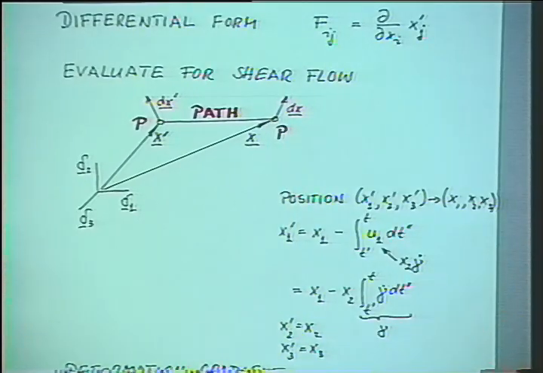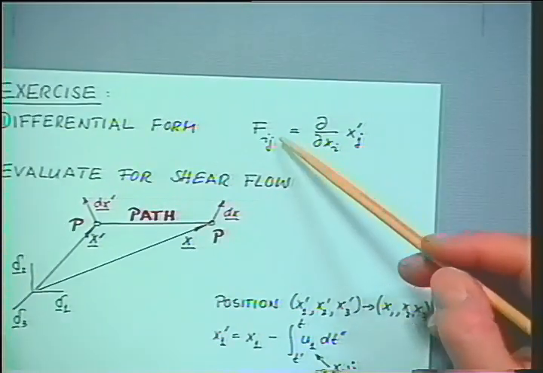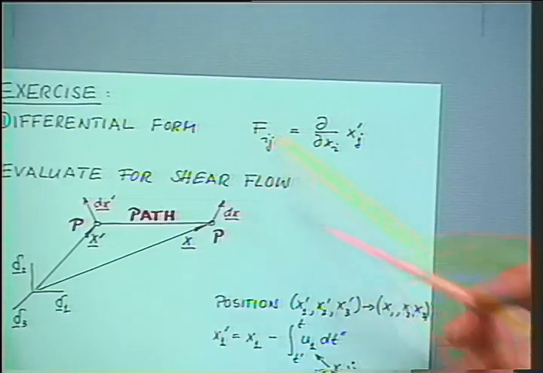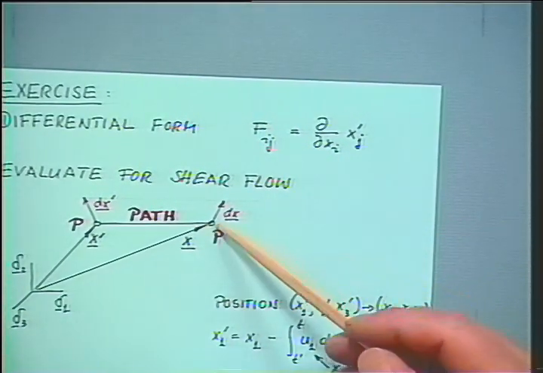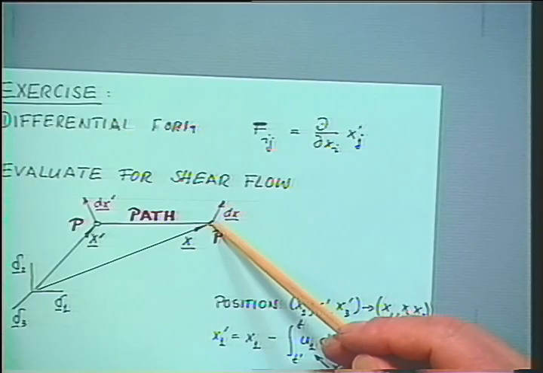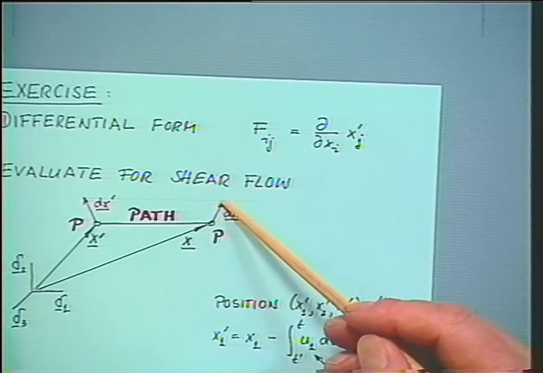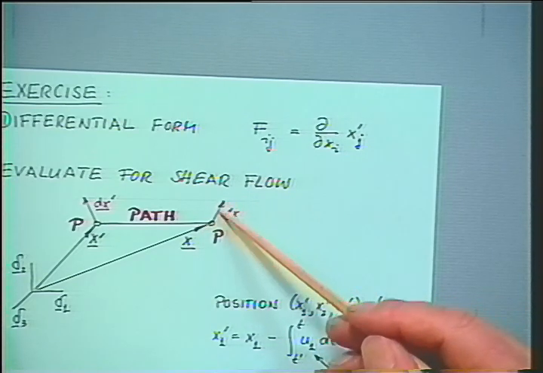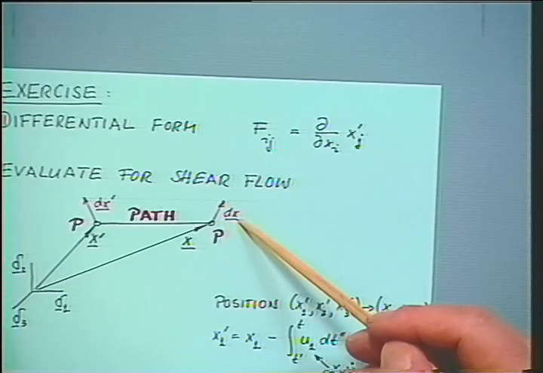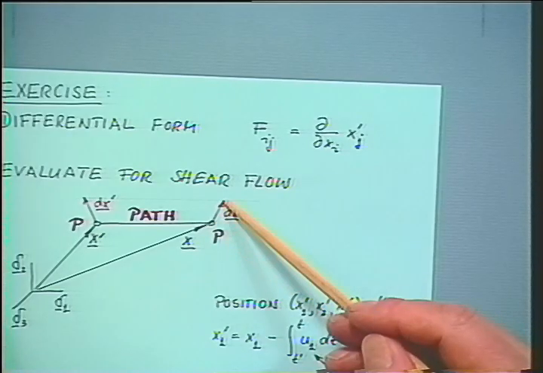And we would like to evaluate now the components of the deformation gradient by saying the following. A neighboring point to P, say some point Q, whatever you want to call this point here, would be separated with a small vector dx at time t.